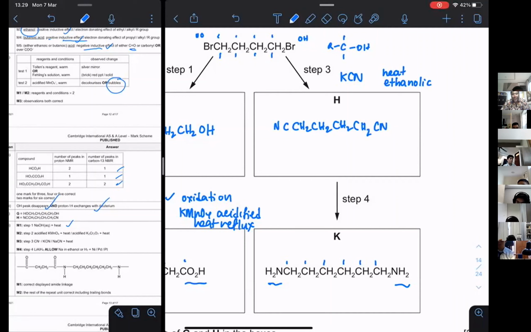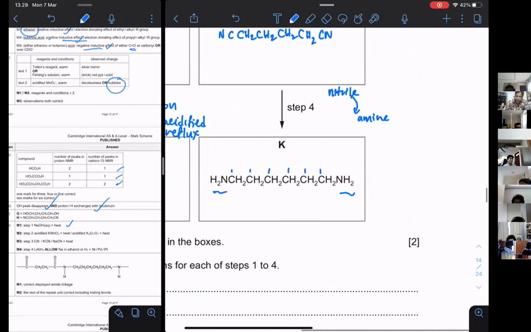And how do you change nitrile to become amine? This is nitrile. How do you change it into amine? You need to do reduction. For this reduction of nitrile to amine, you can use 3 methods, but out of these 3, one has been removed from the syllabus.